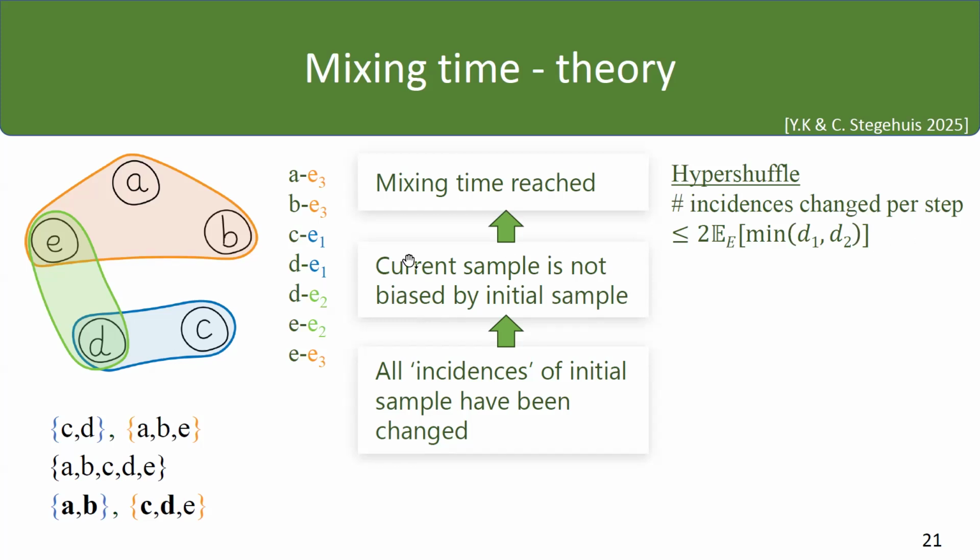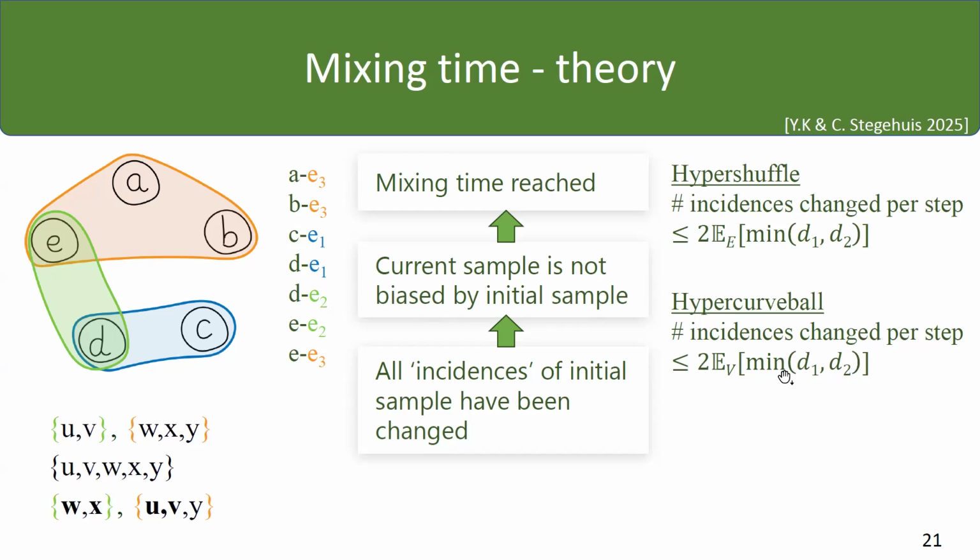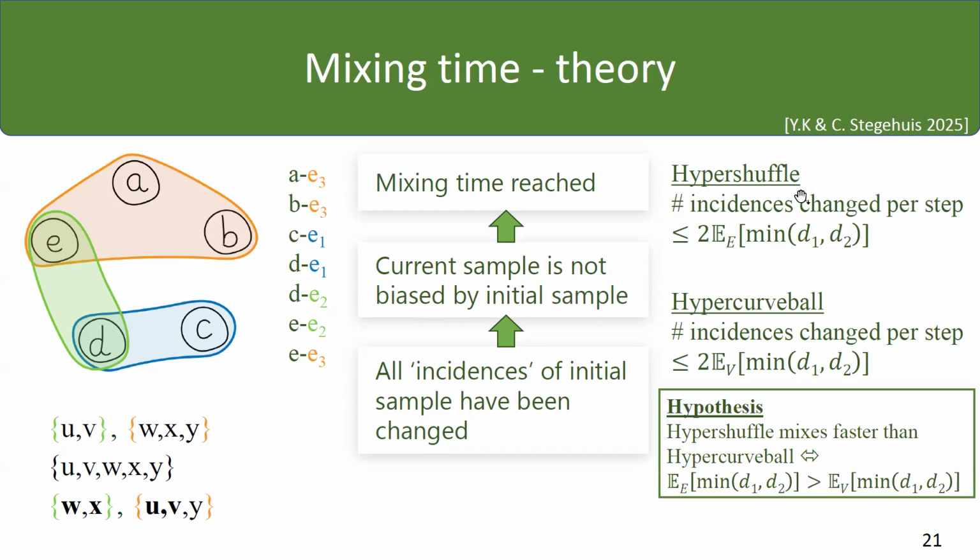But now we don't look at the sizes of the edges to find out how many incidences we can change, but we look at the size of the incidence sets, which is actually the degrees of the nodes. So now we have this inequality. And from this, we can come up with the hypothesis that the hypershuffle algorithm is faster than the hypercurveball algorithm if this quantity here is larger than this quantity down there.